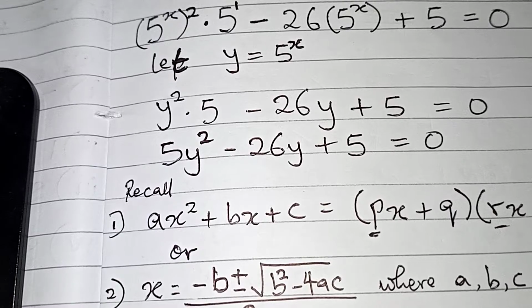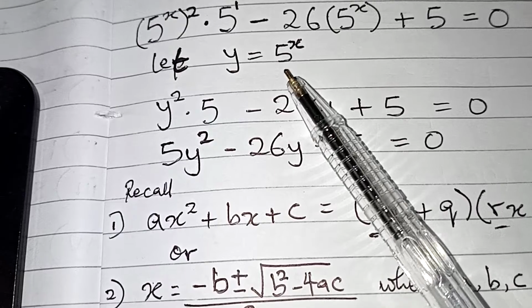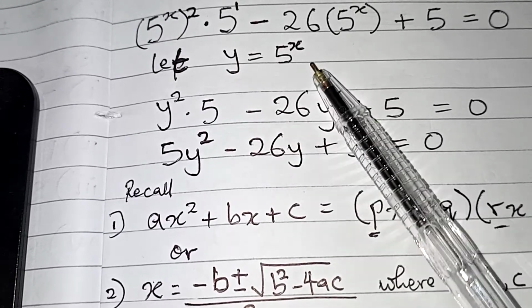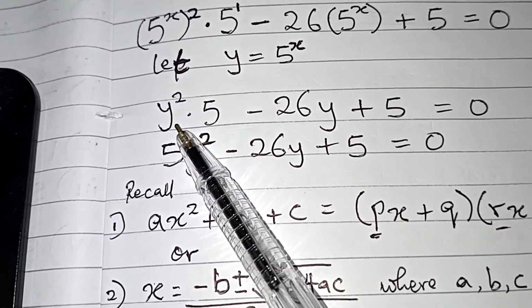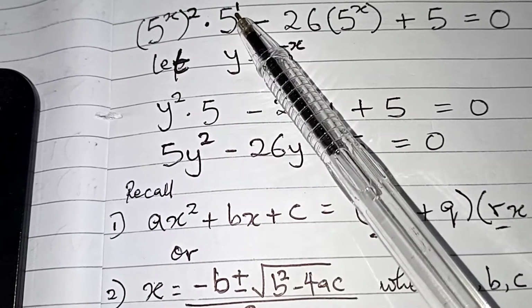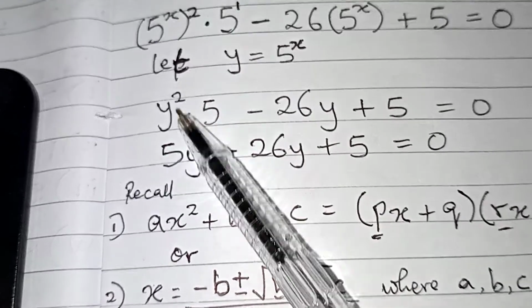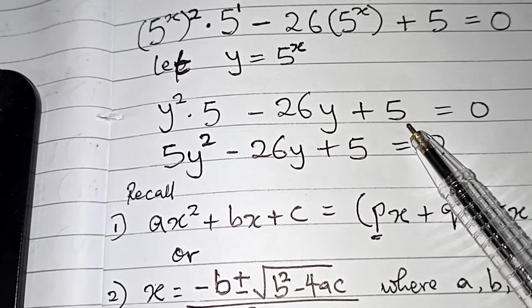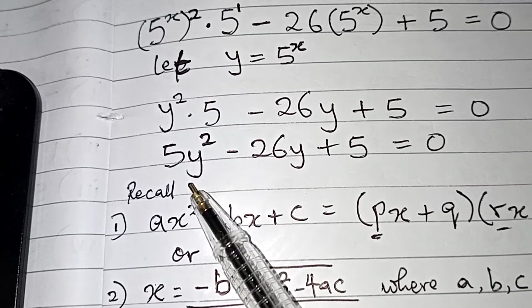But remember, we did not include the raised to power 2 when we were saying 5^x should represent y. It was just the 5^x. So that is what we have here, 5^x as our y. Anything raised to power 1 is that same thing, so we are having 5. Remember, it is multiplication. We have our other expression, but in place of this 5^x we are still putting y, plus 5 equal to 0.